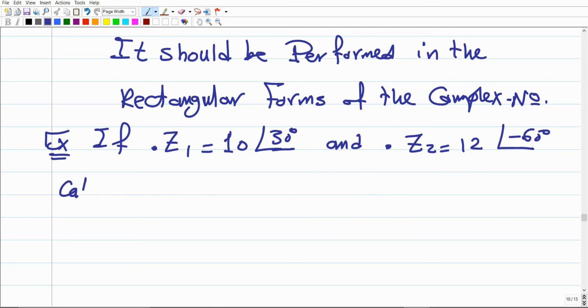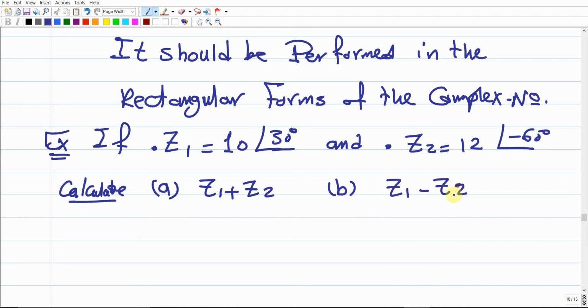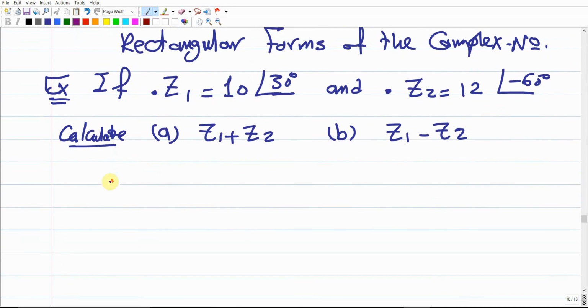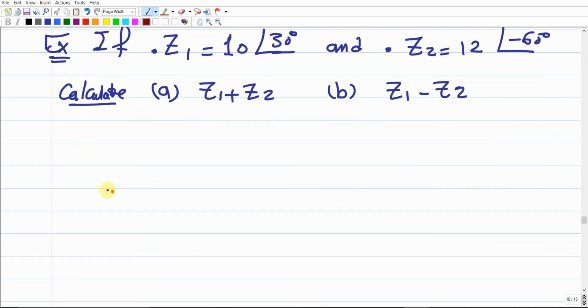It is required to calculate, for A, the sum Z1 plus Z2, and for B, it is required to calculate Z1 minus Z2. Make sense? So to solve this problem, first of all, step 1, since we have these numbers given in another form than the rectangular form, they should be converted into rectangular form. This is going to be the first step.